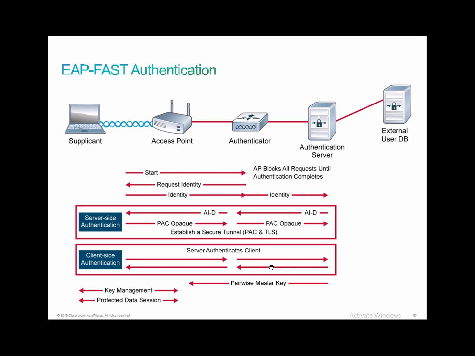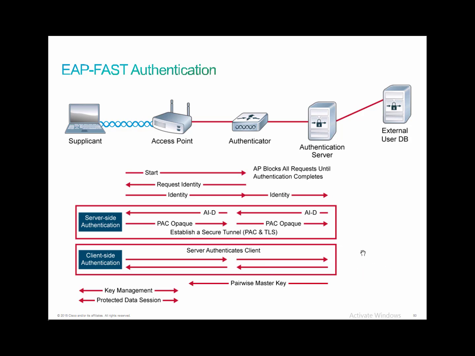Now, in this particular case, it does have to match the identity of the supplicant. But at this point, the server and the client now have mutually authenticated each other using what we call phase 1 and 2 of that EAP-FAST process. This authentication gives us the same results as what we saw with EAP-TLS.